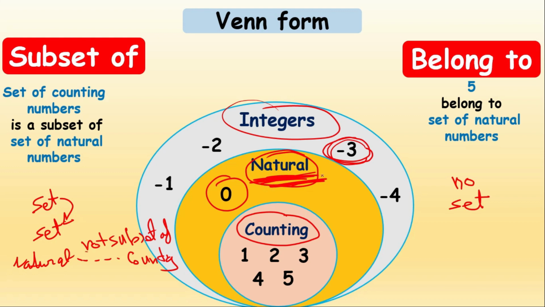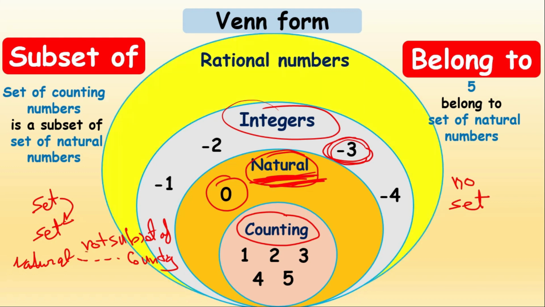Okay, the last set we have is rational numbers, formed of all these sets by adding fractions and decimals. That means all these sets are subsets of rational numbers. All these sets will be subsets of rational numbers. That's why you see its circle is so big, because it contains all sets.